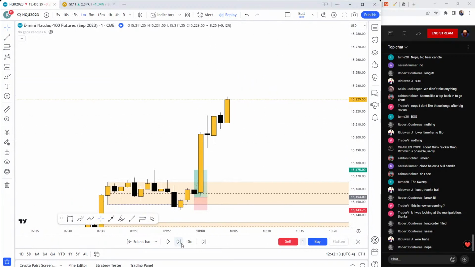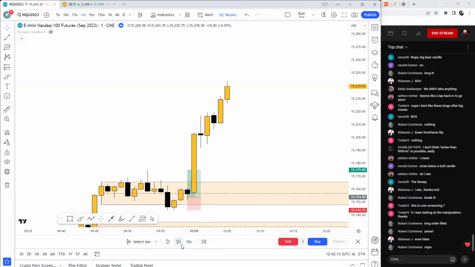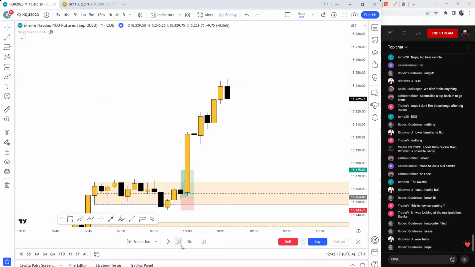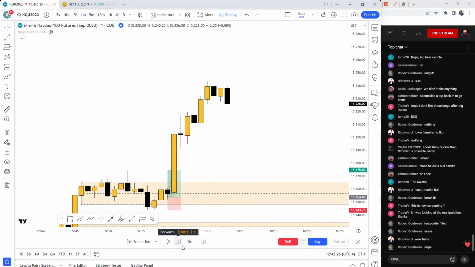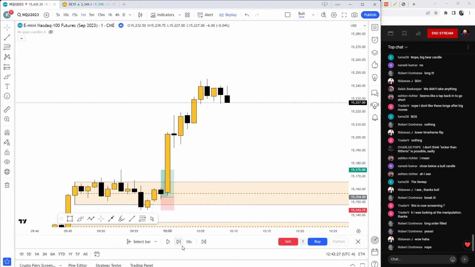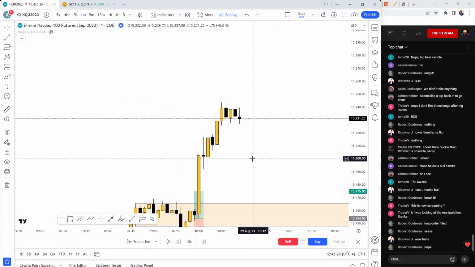No imbalanced tops. Little consolidation coming in. Cute.